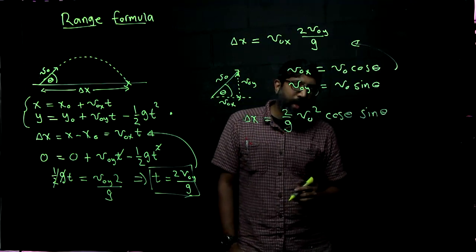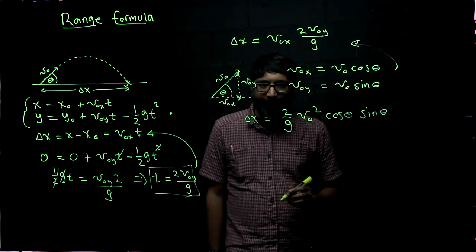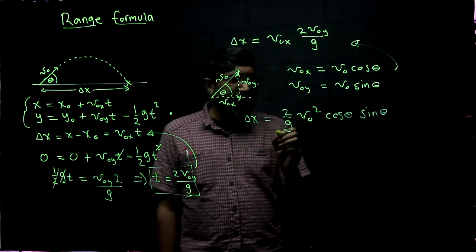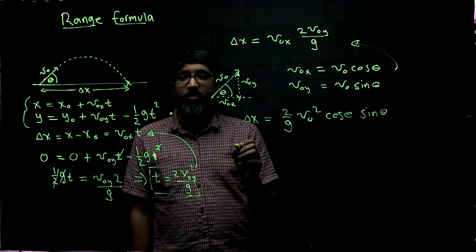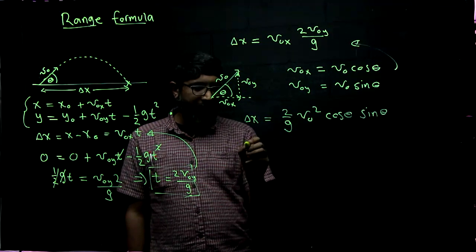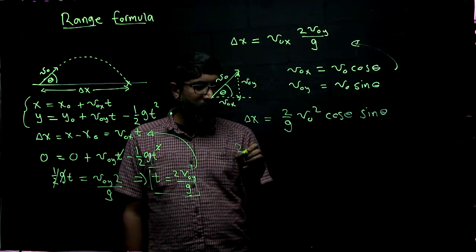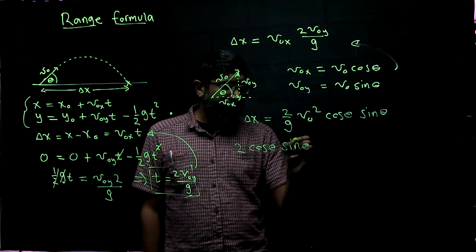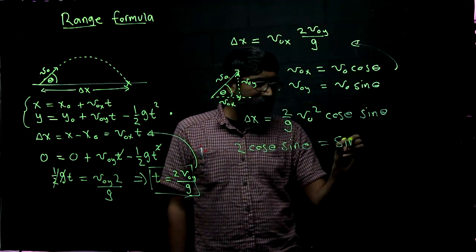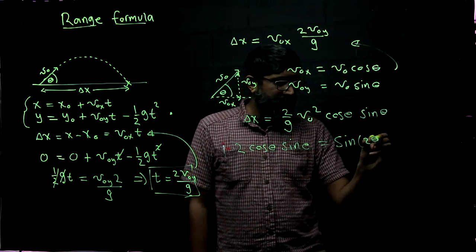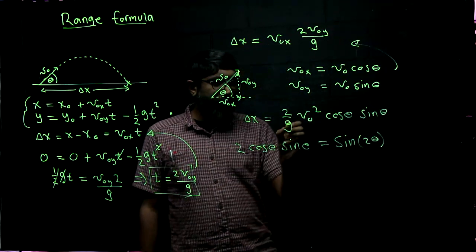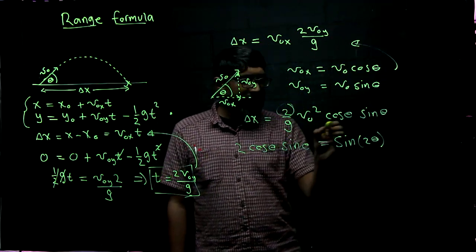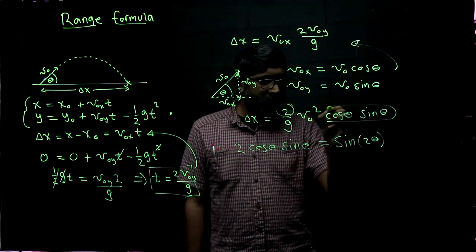It turns out that you can simplify it a little bit by recognizing a trig double angle formula. So it turns out that 2 cos theta sine theta is equal to the sine of 2 theta. So here I've got my 2, and here I've got my cos theta sine theta.